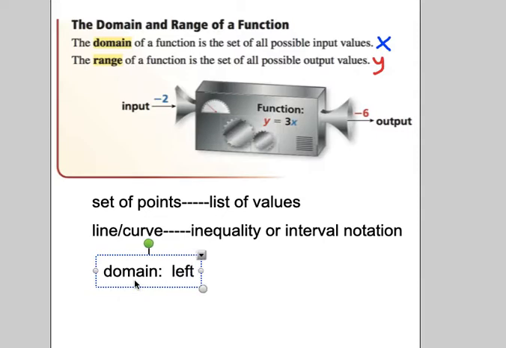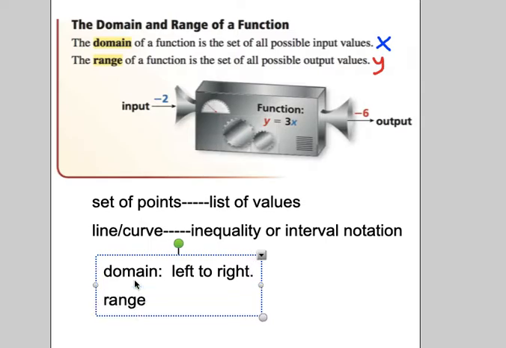Ask yourself, how far to the left does my graph go? And how far to the right does my graph go? So you're always looking left to right. For our range, since that's the y's, it's always going from low to high, so how far down does my graph go to how far up does my graph go?